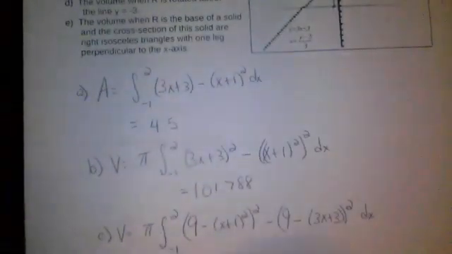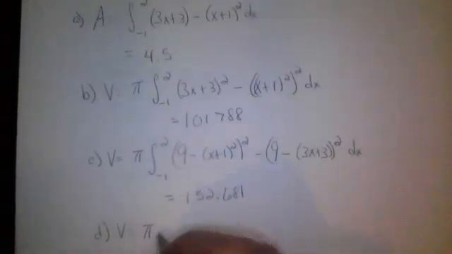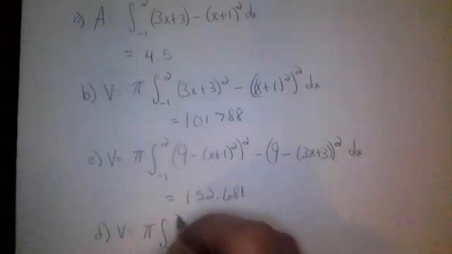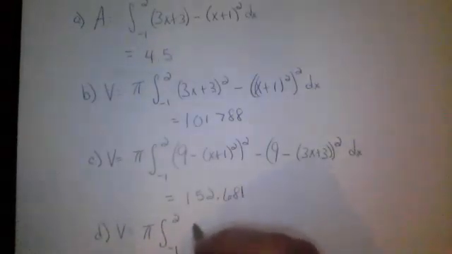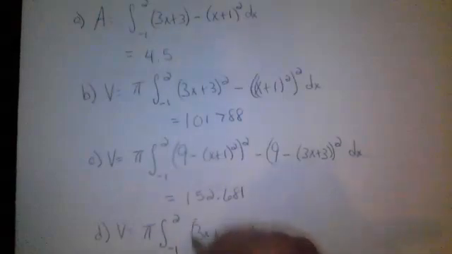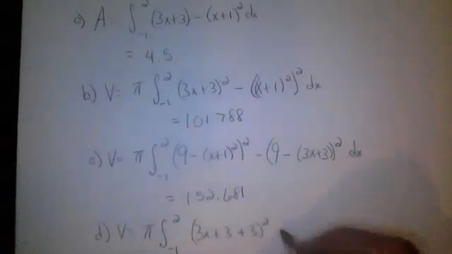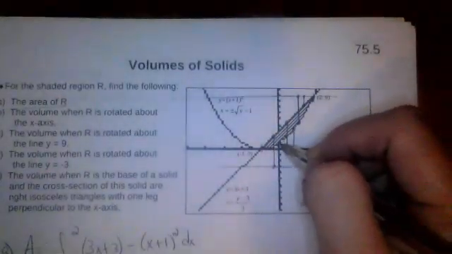So for part D, we get pi times the integral from -1 to 2 of the line, so 3x plus 3 minus -3, which is really just going to be plus 3 squared, minus, and then we're going to have the curve.